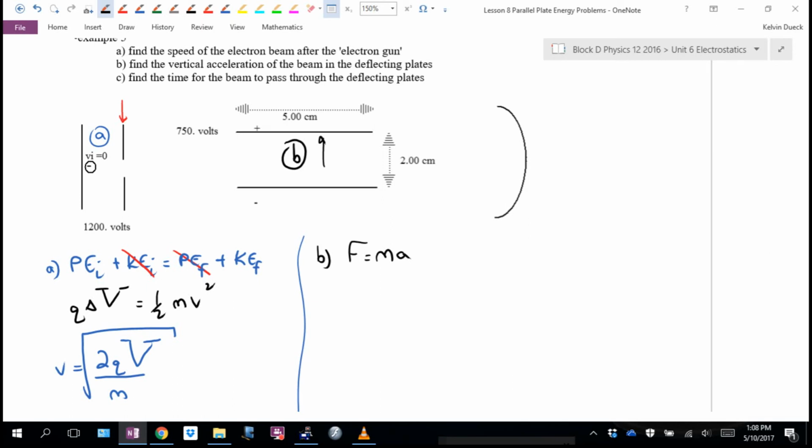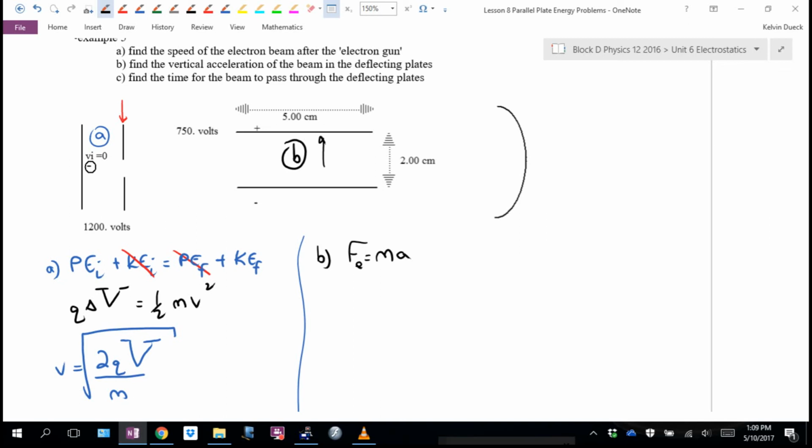Which force? Isn't it electric force? Because it's being deflected by those plates. So now I'm back in this unit, and I'm looking for the equations that have force in them. One says kQ1Q2 over r squared. That's what I use when I have two charges. Do I have two different charges in this question? Nope.